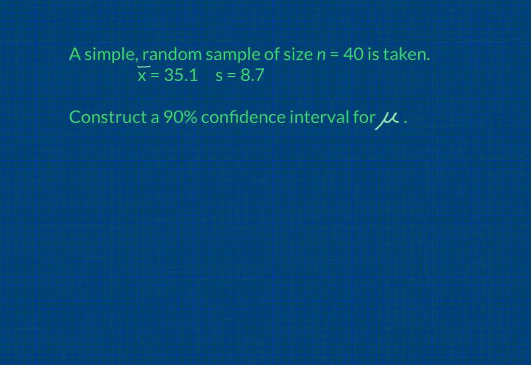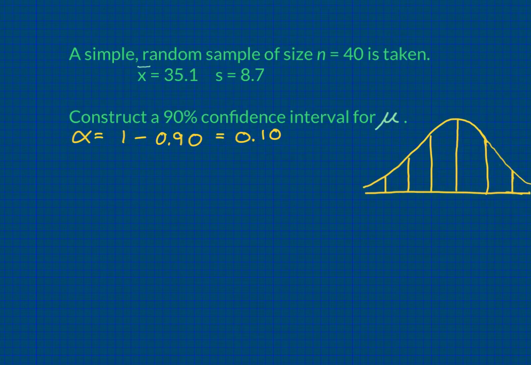Let's take care of that confidence interval first. We will change 90% to 0.90, its decimal form. We will find alpha. Alpha equals 1 minus 0.90, or 0.10. And alpha divided by 2 equals 0.05.